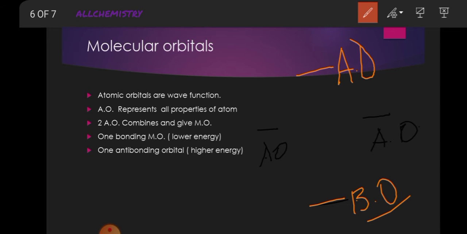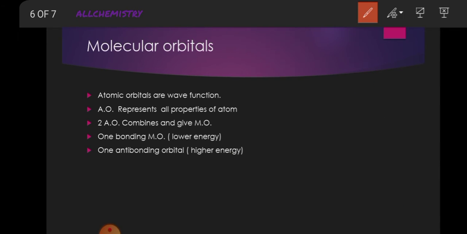Okay, bonding and anti-bonding. This is written here: one bonding MO and another anti-bonding MO. Now how it happens for a compound.